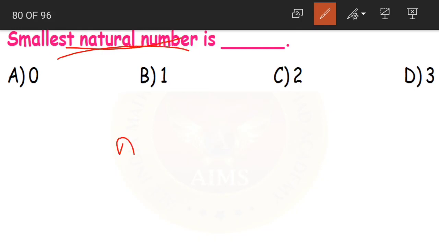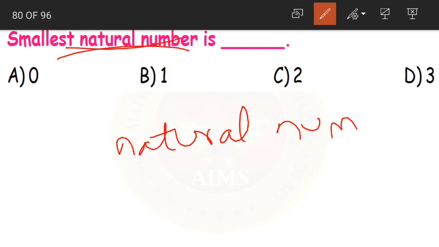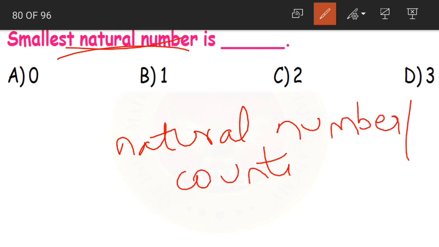If you remember, natural numbers are also called the counting numbers. What are these numbers? The numbers that come to us naturally, or the numbers that are used for counting. Now if I place 4 balls in front of you and ask you to count, how will you count? 1, 2, 3, 4.